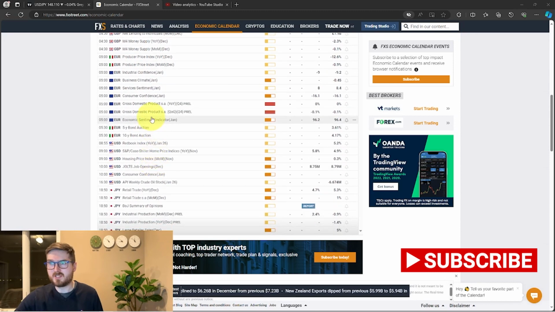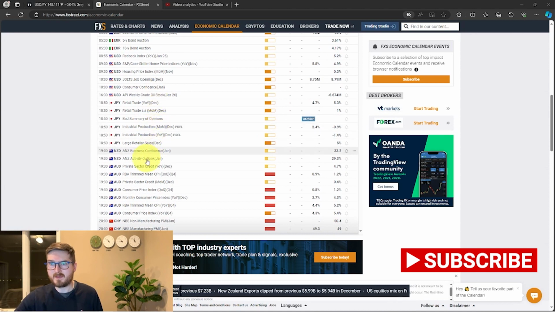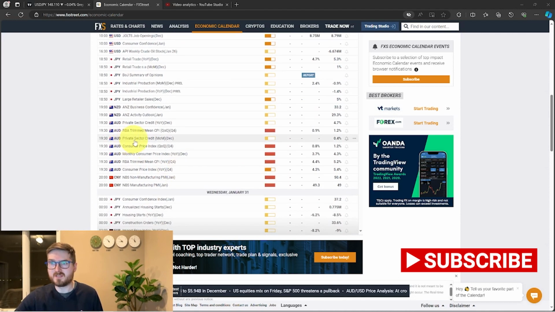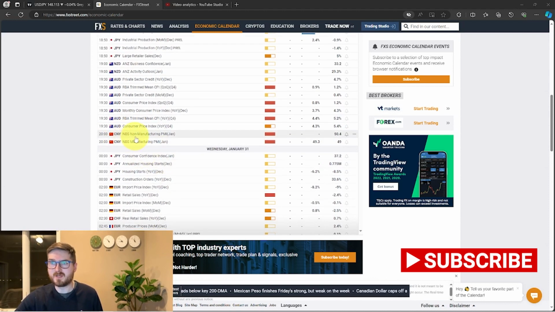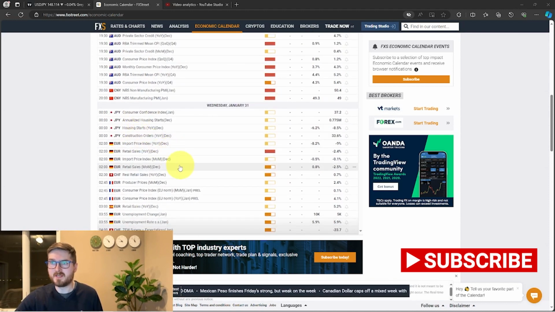Also on Tuesday, January 30th, RBA trimmed mean CPI data is being released for quarter 4, and also the Australian dollar consumer price index quarter 4, Australian dollar monthly consumer price index for December, and the RBA trimmed mean CPI for year over year quarter 4.